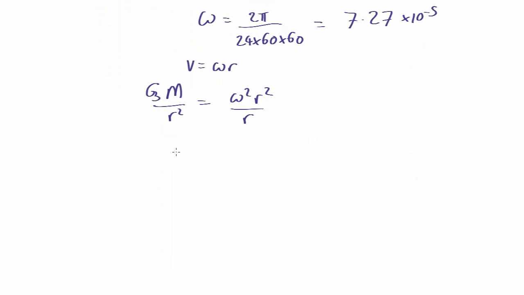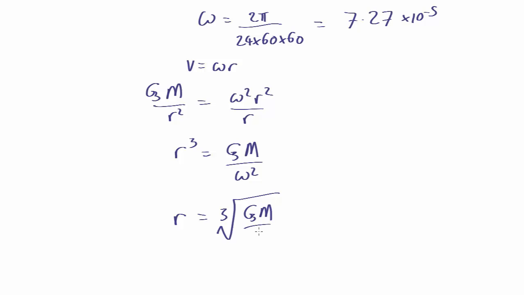And rearranging that, we find that r cubed equals GM over omega squared. And so r equals the cube root of GM over omega squared.